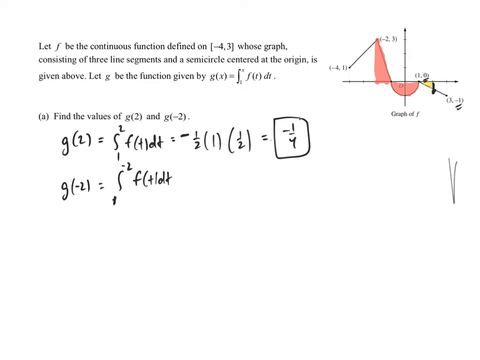So the half circle is really going to be a positive area, and this triangle is really going to be a negative area since we're integrating in the wrong direction. So this is going to be 1/2 pi times the radius squared, minus the area of that triangle, which is 1/2 times the base, which is 1, multiplied by the height, which is 3. This is a perfectly fine way to leave your answer, since this is a free response question, or you could go ahead and write this as pi over 2 minus 3 over 2.